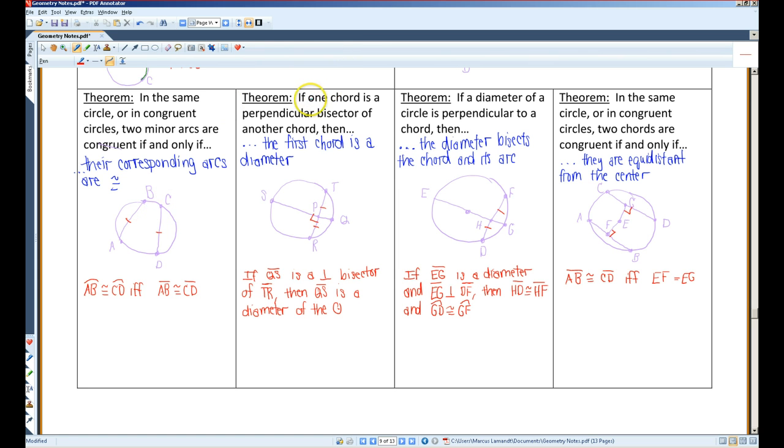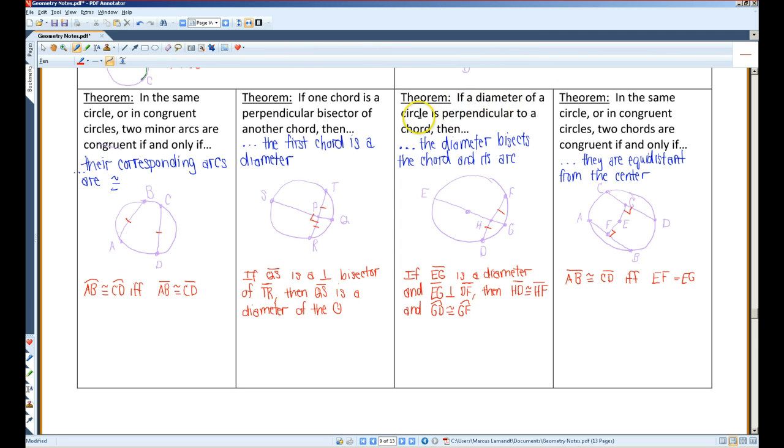Okay? If one chord is a perpendicular bisector of another chord, then the first chord is a diameter. So in this case, if QS is a perpendicular bisector, so it's perpendicular and it cuts the segment TR in half, then QS is a diameter of the circle.